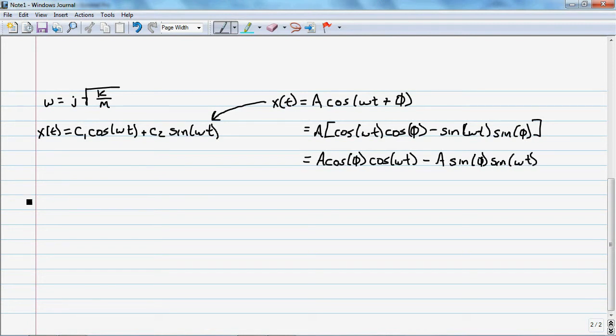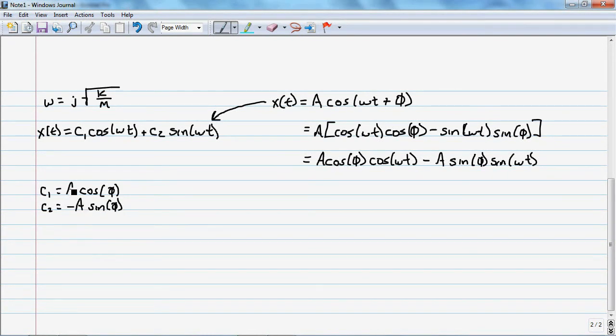And that just means that c1 is going to equal A cosine of phi, and c2 is going to equal negative A sine of phi.